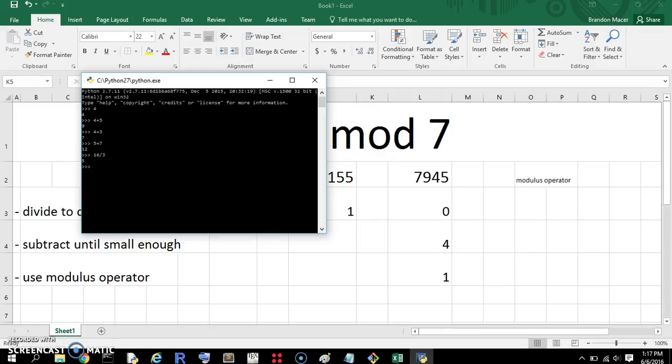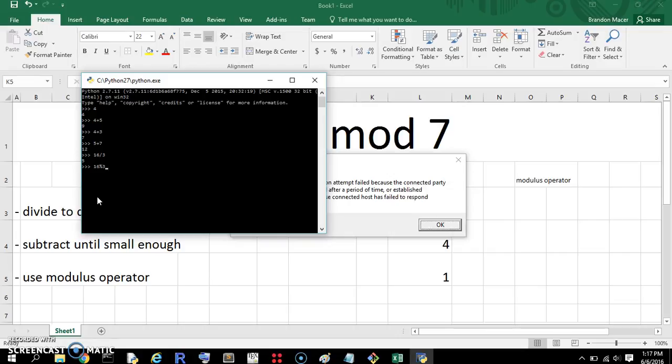In Python, the modulus operator is the percent sign. If you do something percent something else, that is the same as saying k mod 3. The mod is replaced by a percent sign.